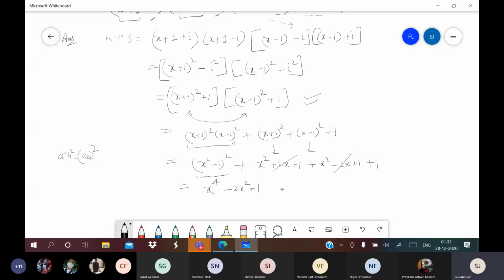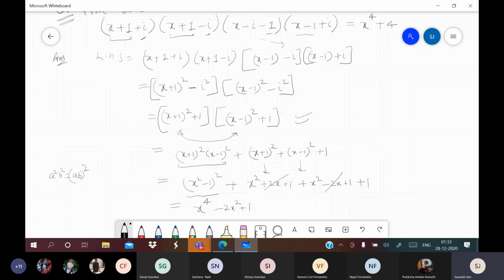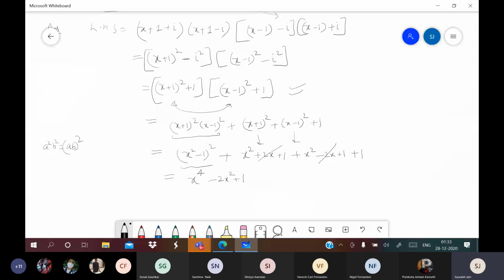Then this is 2x square. Is there any calculation mistake? Because they are asking us to, okay, it's 4, fine. So this is how much? This is 2x square. And how many times 1 is there? 3 times. 1, 2, 3. Right? This gets cancelled and this is the value.